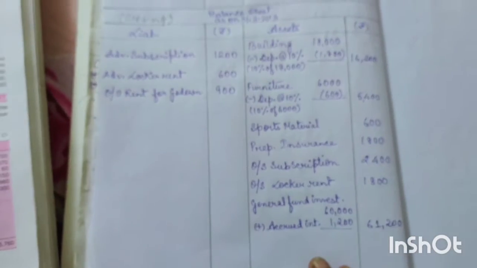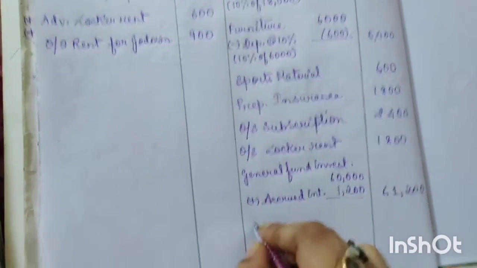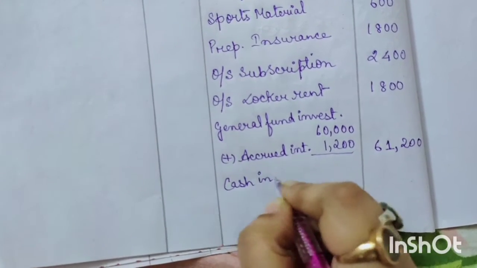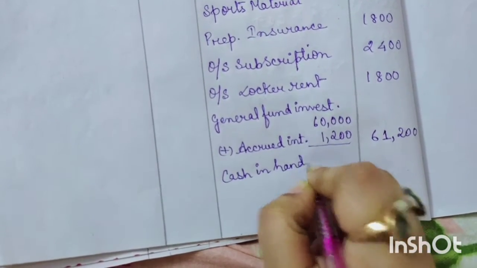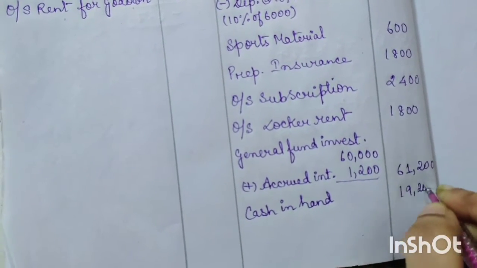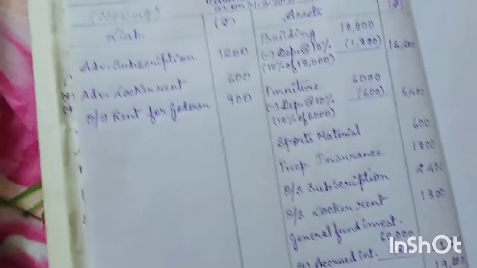Okay, and in the closing balance sheet we will write cash in hand 19,200.